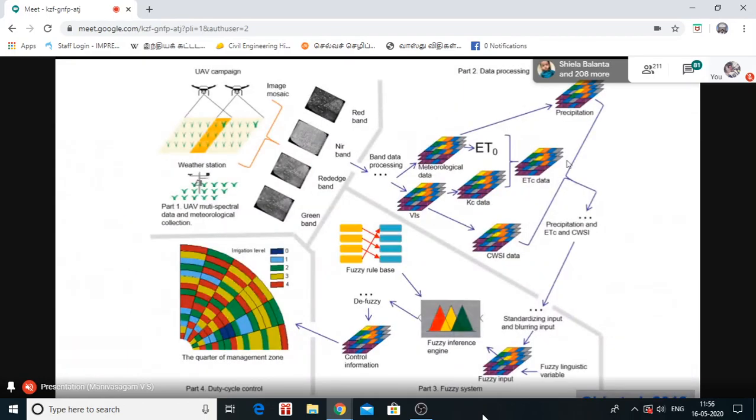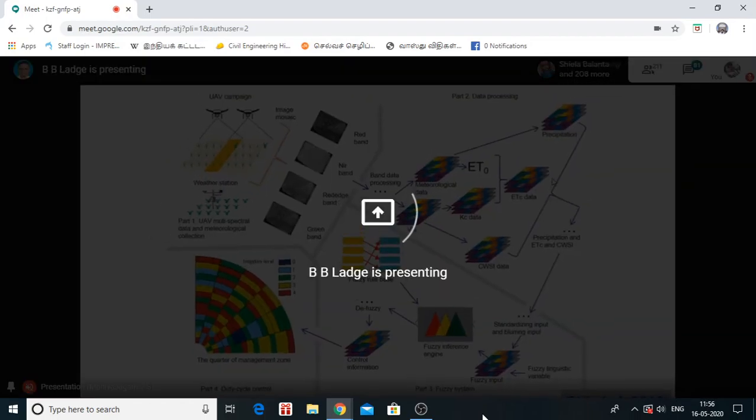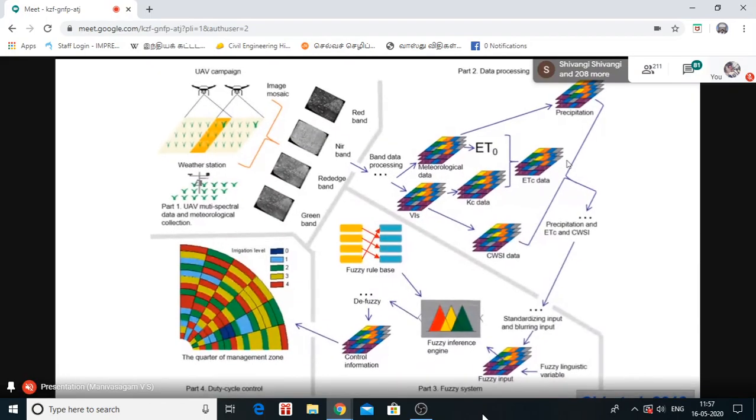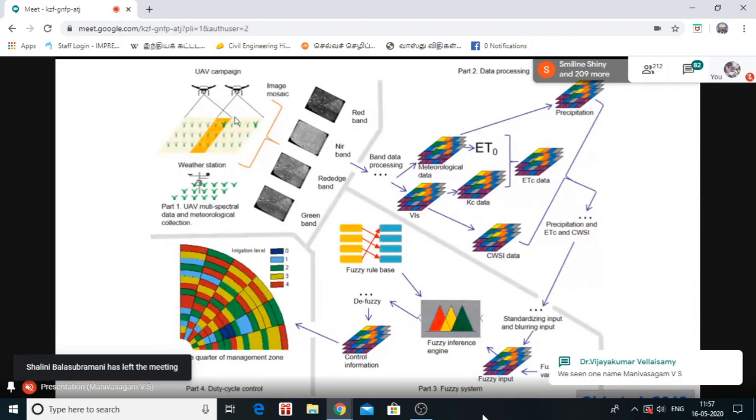Here I gave an example of how, in a real world application, we can use drone, sensor, and satellite images combined. Say, for example, you have a field and a weather station nearby, and you can plan your drone flights whenever you need. For a wheat crop, 5 to 10 flights are sufficient.